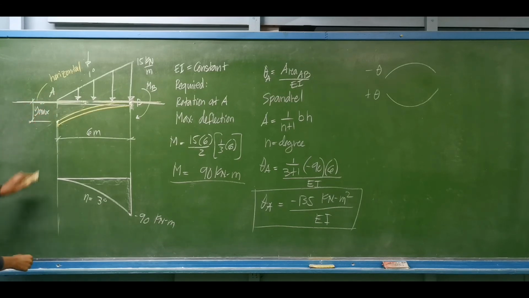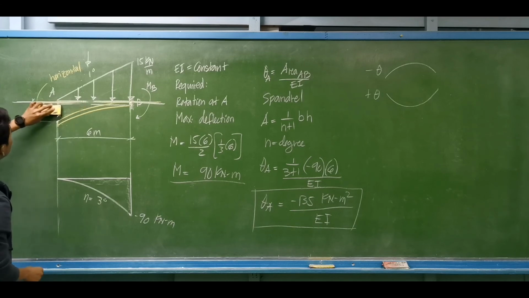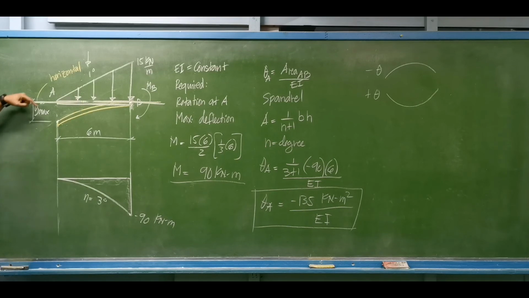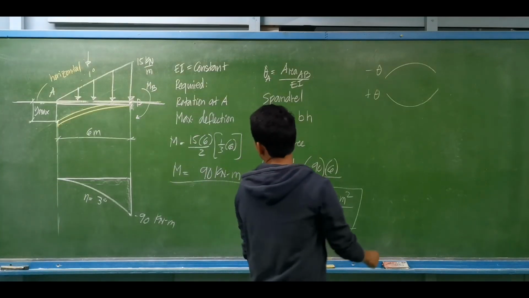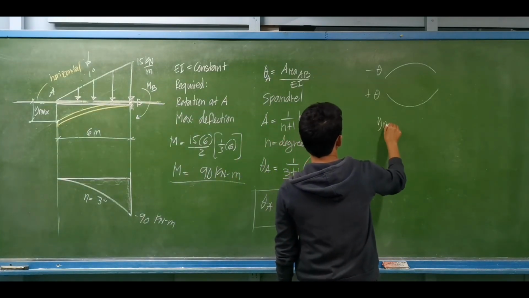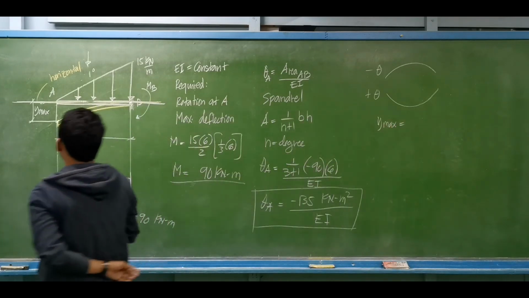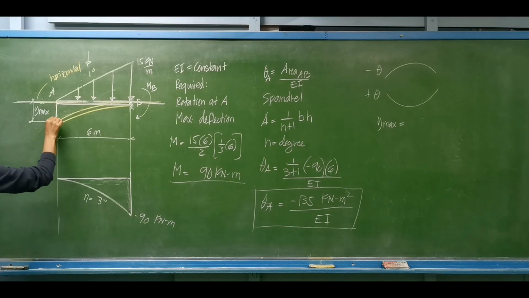But as you can see, it is also the distance of this tangent line towards the elastic curve. So what is the equivalent of Y max from that figure? Y maximum is the same as the distance from the tangent line towards the elastic curve.